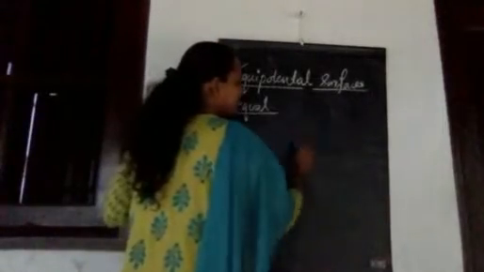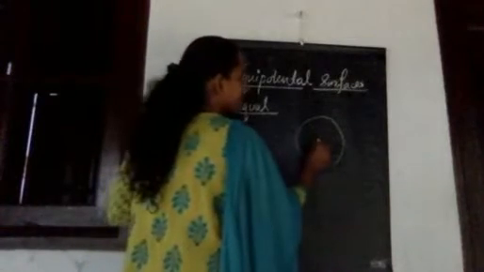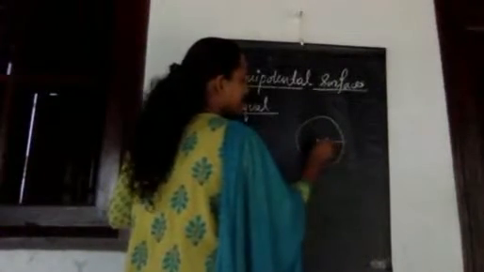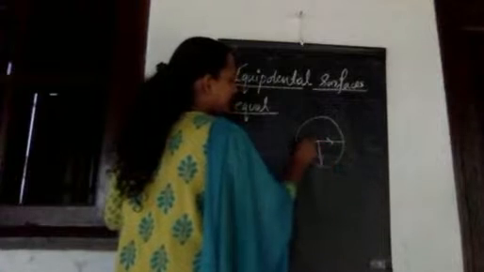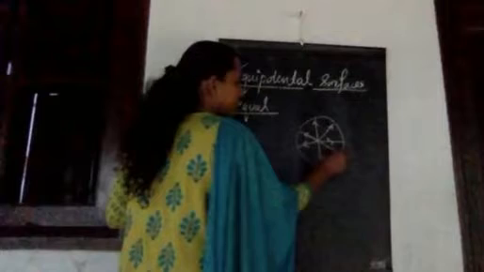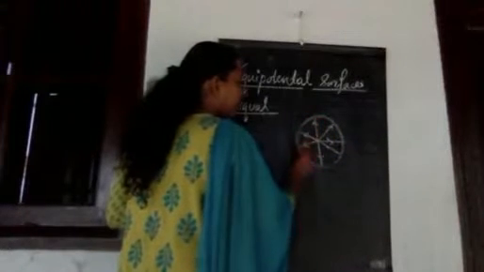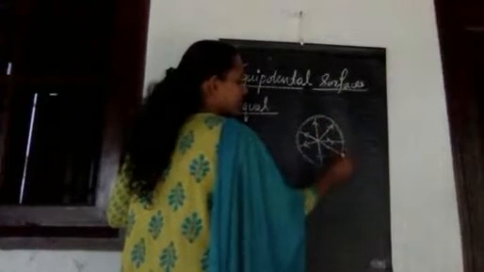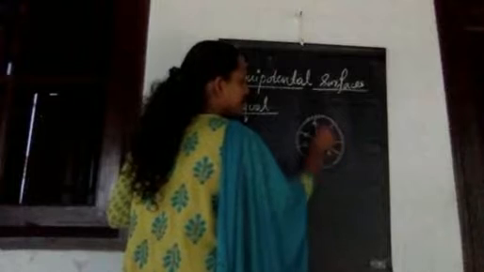As in the case of a spherical shell, all the points lying on the spherical shell are at the same distance r from the center. Therefore the potential remains constant.